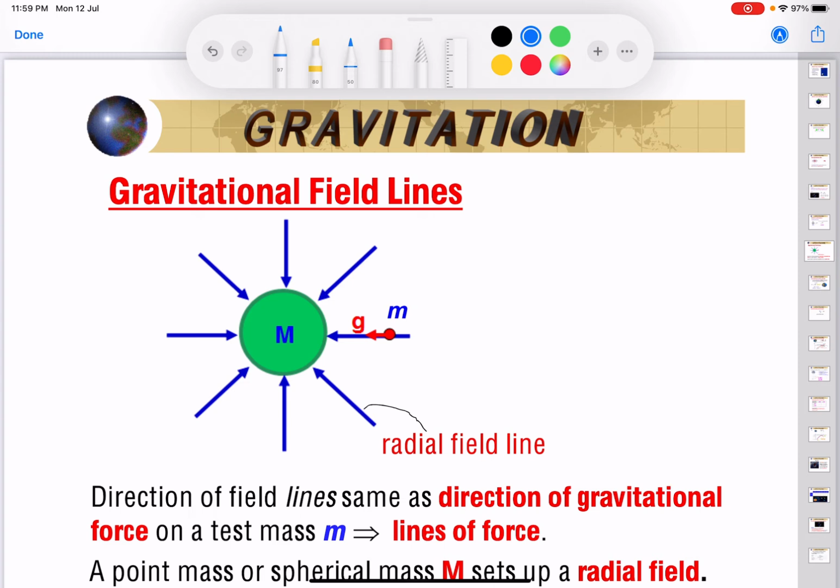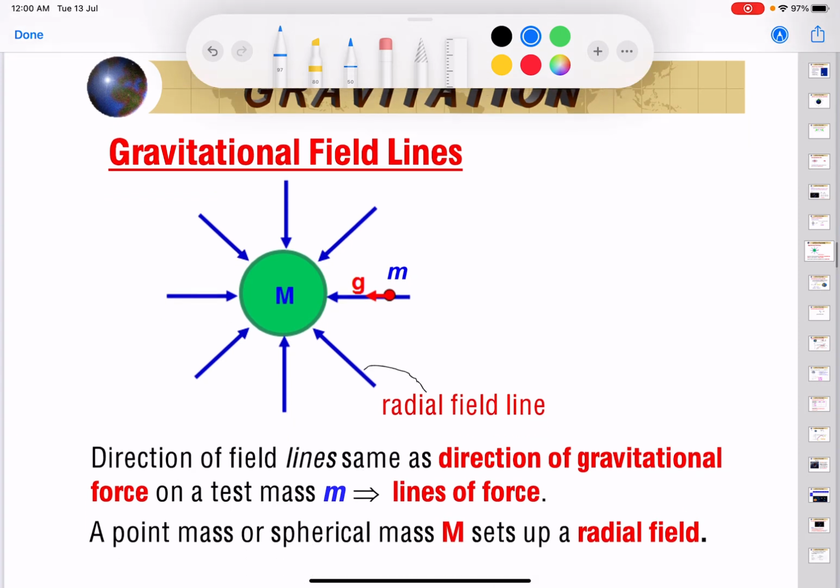We are also going to explore more about gravitational field lines. There are two things about the gravitational field lines. One is the direction, and in this case, it's acting towards the mass. And also, it indicates how strong or how weak the force is.